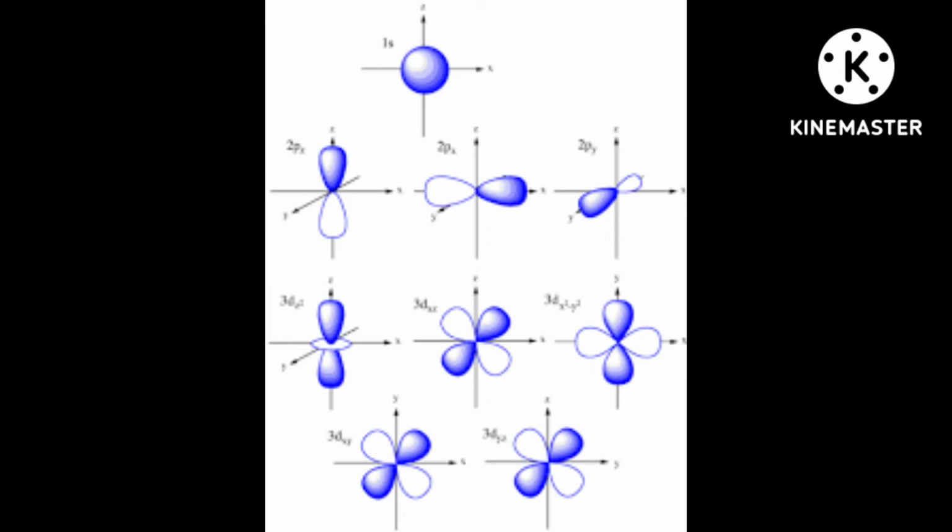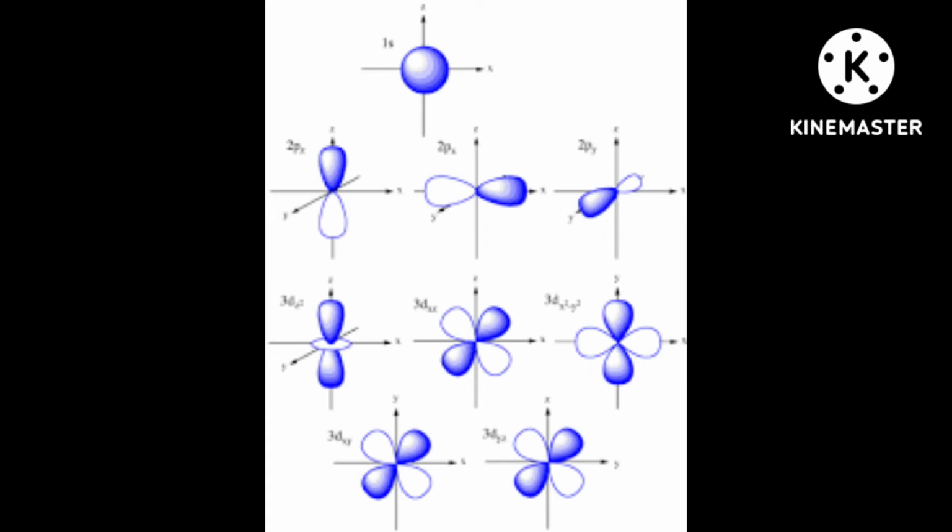It is therefore not possible to draw a boundary surface diagram of a rigid size in which the probability of finding the electron is 100%.